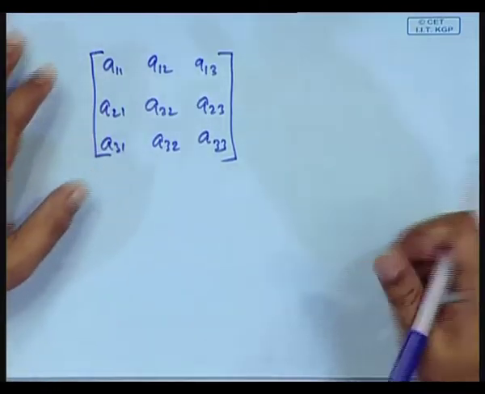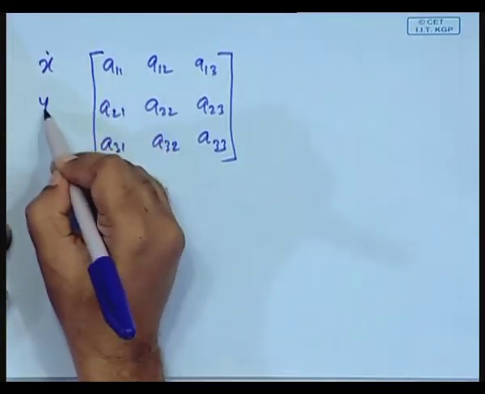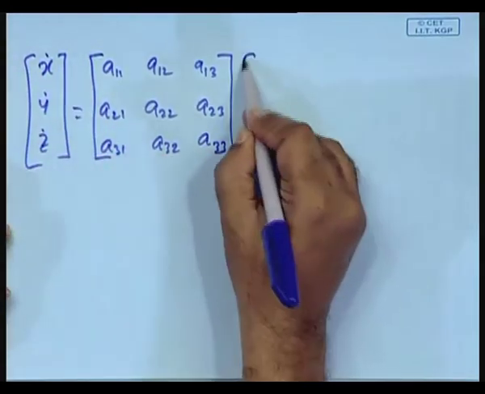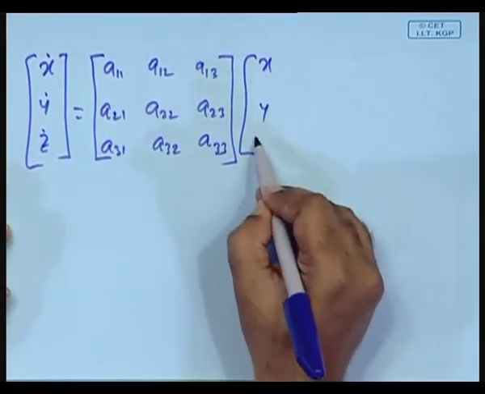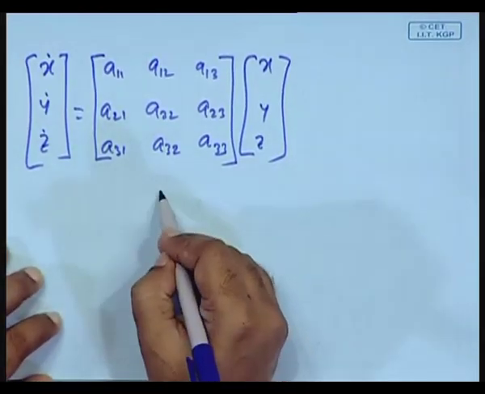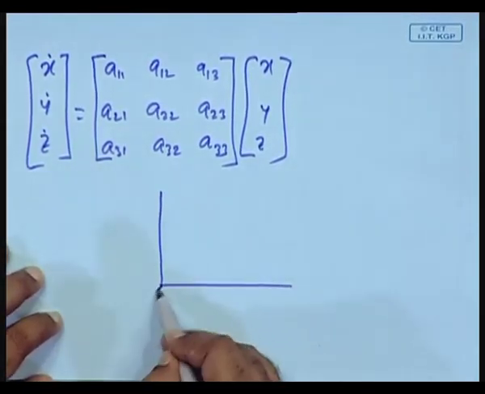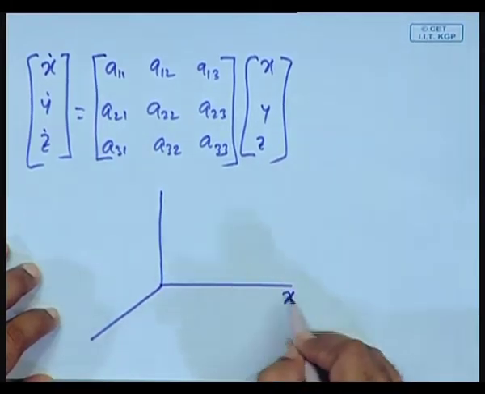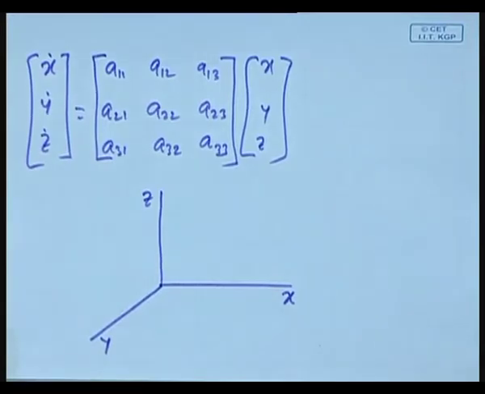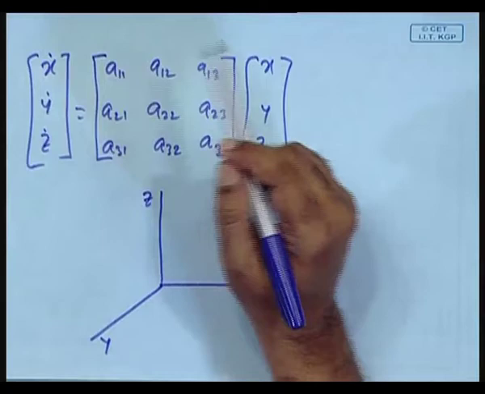A 3 by 3 matrix means x dot, y dot, z dot will be, in the local neighborhood, this will be the equation, which means it will have to be plotted in x, y and z. Now, what will be the meaning? Still you will be able to apply the same logic.